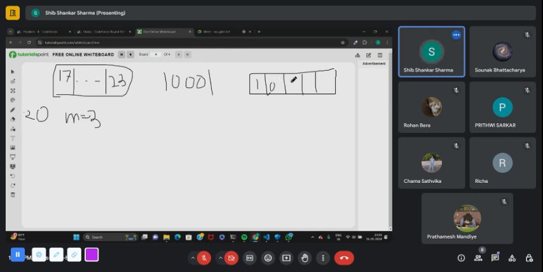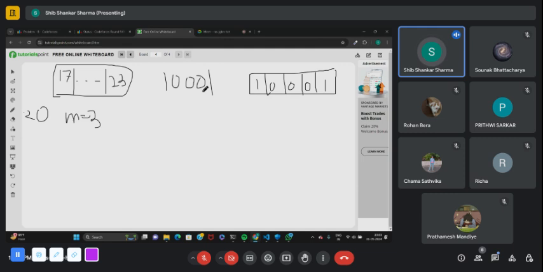Okay, so I know that the bits that are 1 in 17 will obviously be set in my answer also, right? So now if I think of this bit, what I can do is increase 17 by the lowest possible number, and I have to find out whether this bit is set or not.